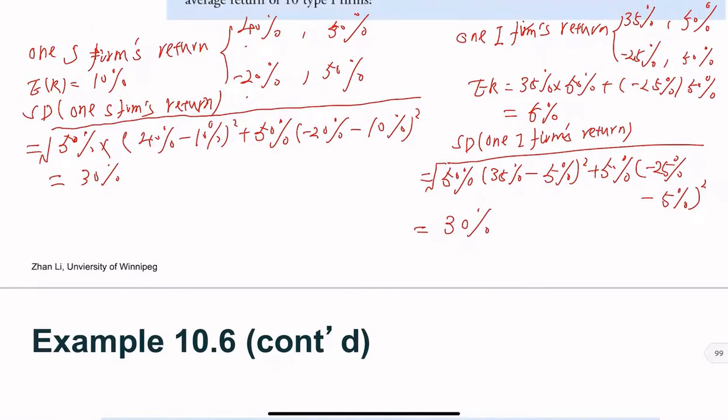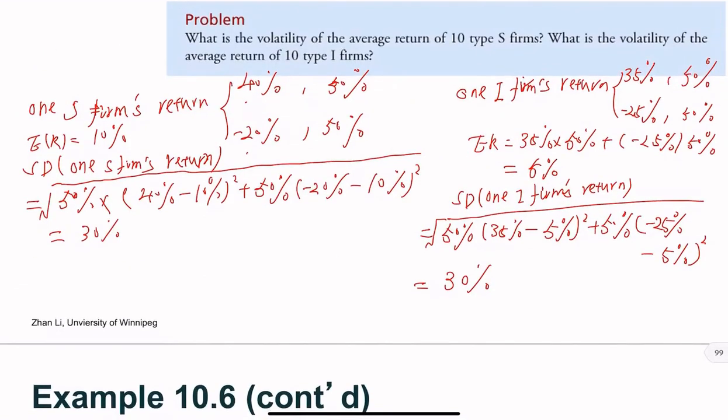However, we have only computed the standard deviation of one firm's return. We have 10 firms, right? So we have to think about diversification. And we know that type S firms have only systematic risk, so there is no diversification benefit. Basically, it means that a portfolio of 10 type S firms should have the same volatility as a single type S firm.